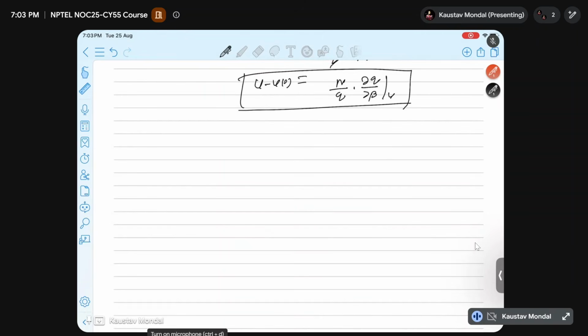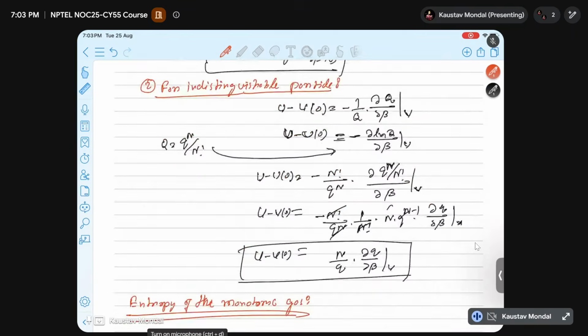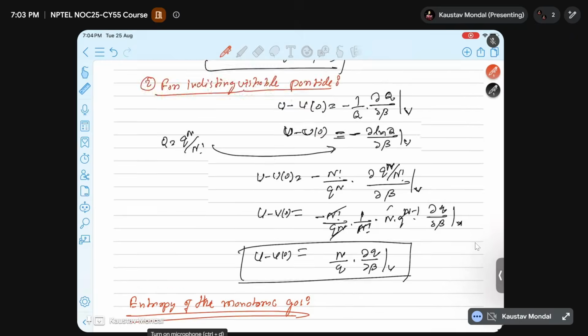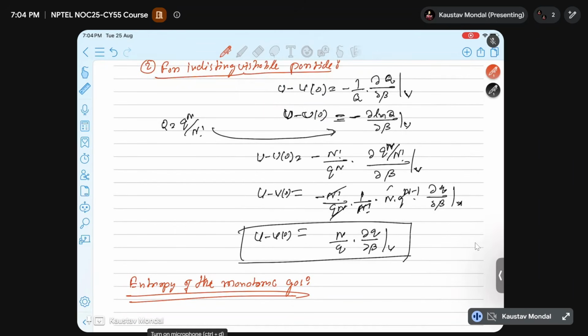The next thing that we want to calculate is the entropy of the monoatomic gas. So we'll consider these particles as a monoatomic ideal gas, which means they are indistinguishable.